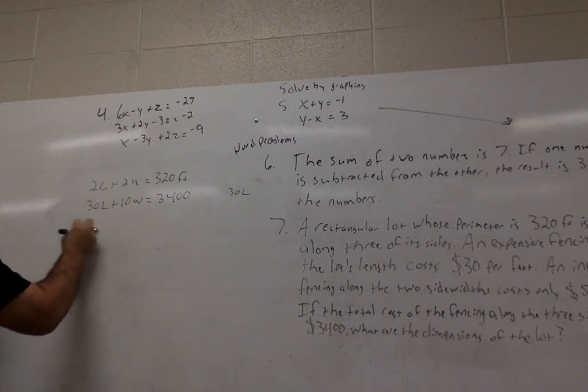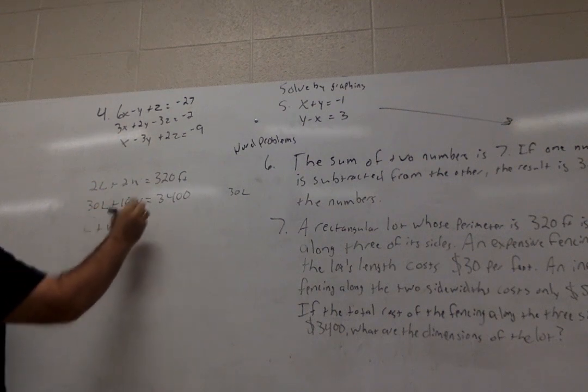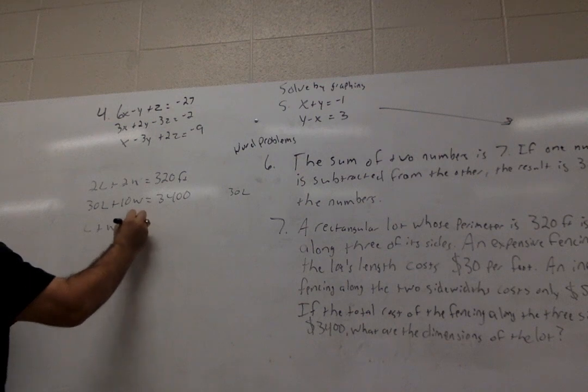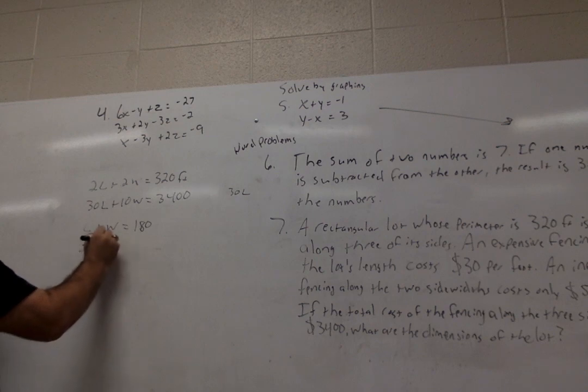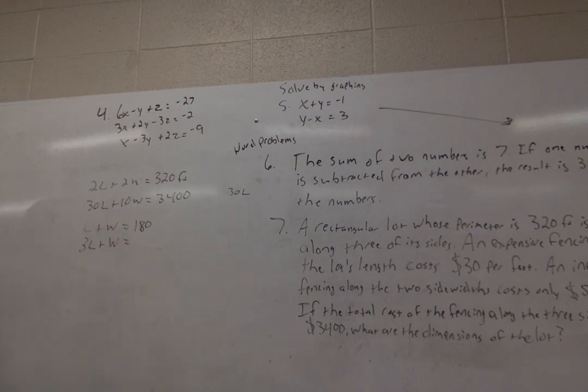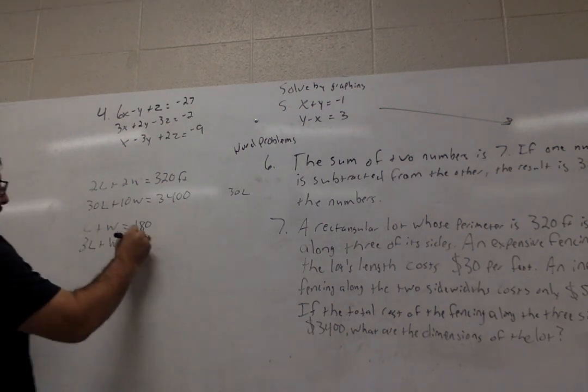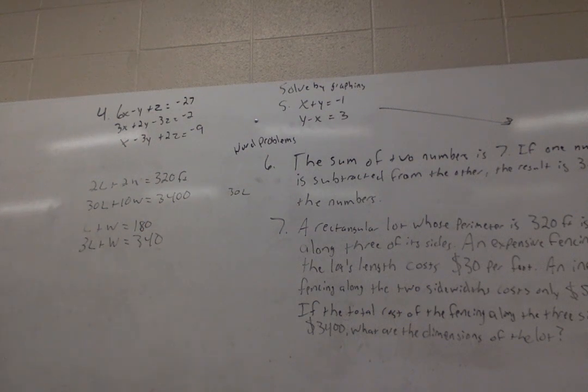So that's length plus the width, that's 32. That's 180. And I'm going to divide this by 10. So that's 3 length plus 1 W equals 340. That way, looks like a much easier system to solve than the first one.